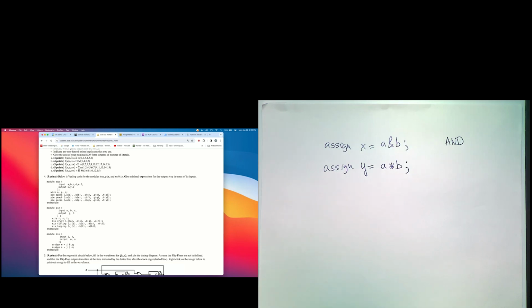It will give you the correct value if A and B are 1-bit vectors, but not if they're bigger vectors. I meant in terms of when it's asking for minimal expressions. Oh, so you can write out your minimal expressions in Boolean fashion. Oh, okay. That's fine. Don't have to use ampersand or star.